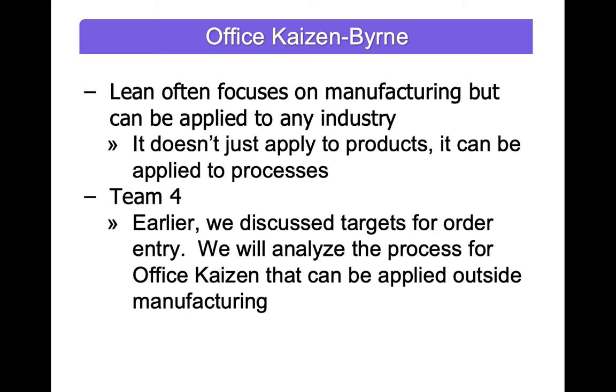With Office, this is what I like to talk about the most, probably because it is easy to just look at Lean through the lens of manufacturing, but it doesn't have to be just manufacturing. So we're going to talk about how it would work in an office.